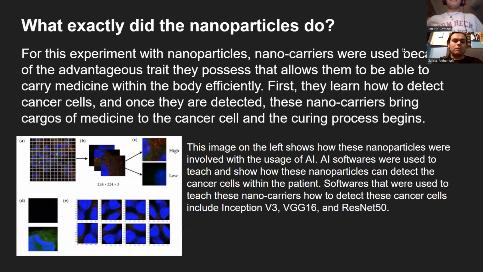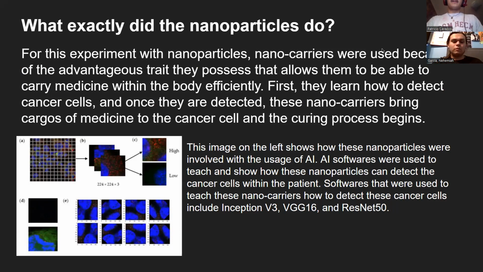So you might be wondering, what exactly did these nanocarriers do? First, the scientists in this experiment acquired these nanocarriers to work with, of course. And then, with the power of AI, these nanocarriers were taught by three different AI softwares, which include Inception v3, VGG16, and ResNet 50.